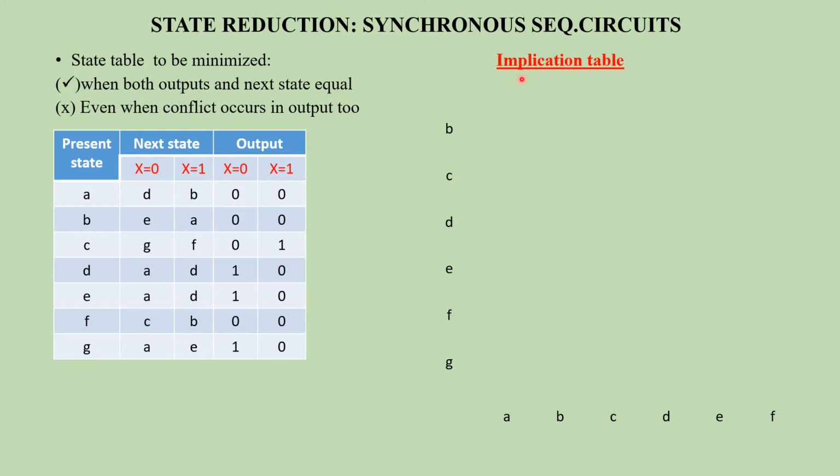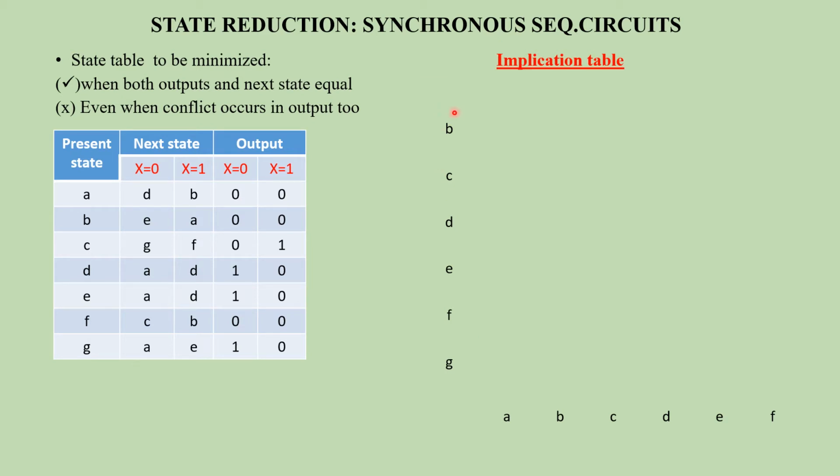So, how to draw an implication table? Hopefully, you would have seen this already in synchronous sequential circuits, but still I am just recalling the same algorithm, right? We are looking at the states represented both vertically as well as horizontally. While representing the states vertically, look at the table.